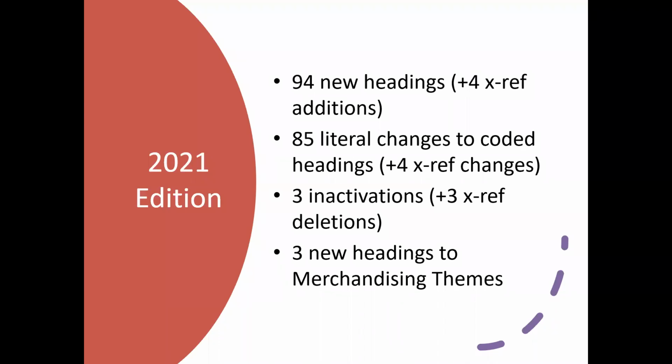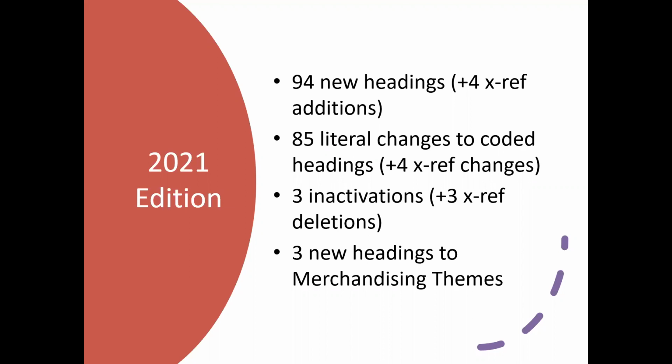For the 2021 edition, this is the exciting part. We added 94 new headings, plus 4 cross-references. We changed 85 literals to existing codes, and we changed 4 cross-references.